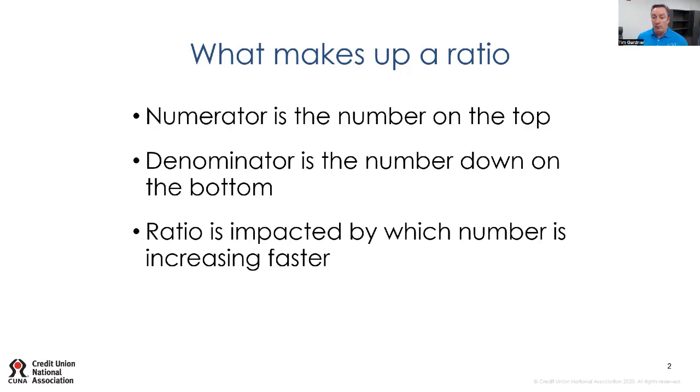When a ratio has the word income in the numerator, that means you want the ratio to go up because we want more income. If there's the word expense in that numerator description, that means you want the ratio to go down. So little things like that can make a huge difference for us as we're looking at ratios.